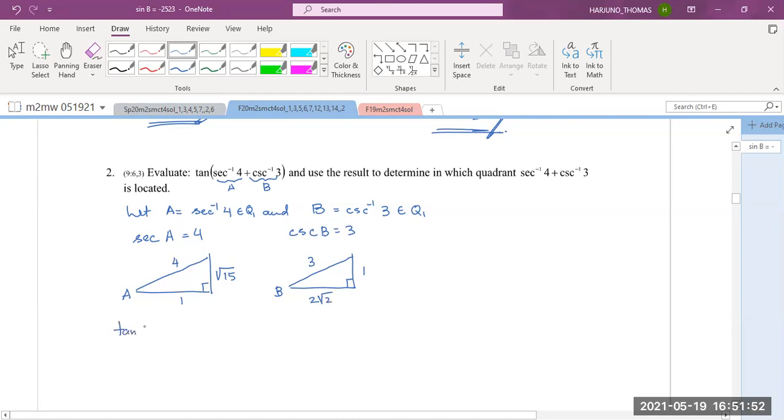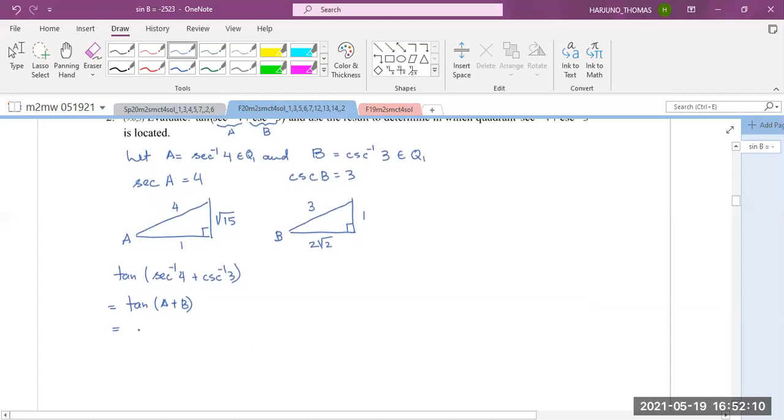So tangent of secant inverse 4 plus cosecant inverse 3 equals tangent of A plus B, that is tangent A plus tangent B over 1 minus tangent A tangent B. Tangent A is square root of 15. Tangent B is 1 over 2 radical 2.